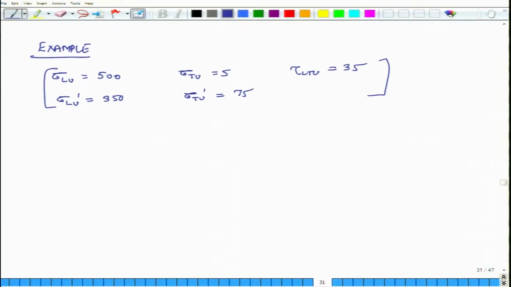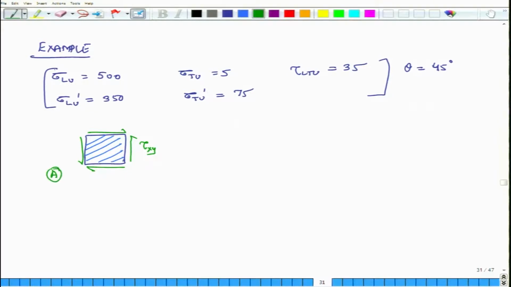And theta, for purposes of simplicity, is 45 degrees, and so we have a composite specimen like this. The fibers are oriented at 45 degrees to the x axis, and the only load on the material is tau xy. So, tau xy is the only load.